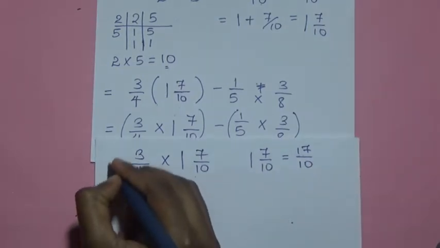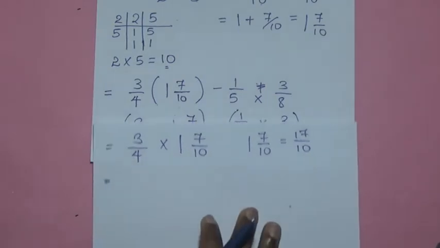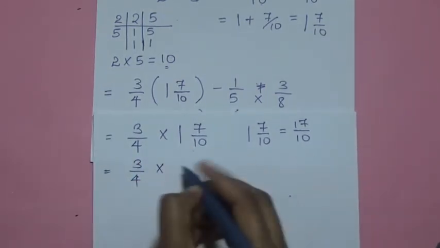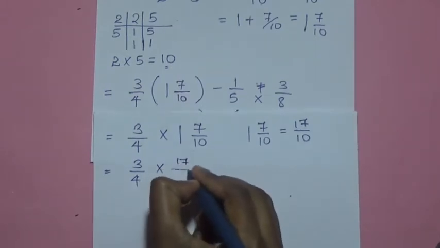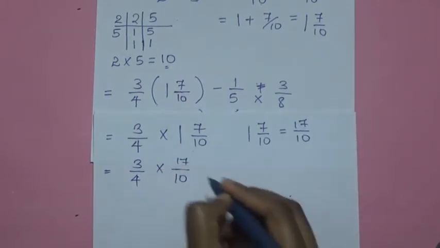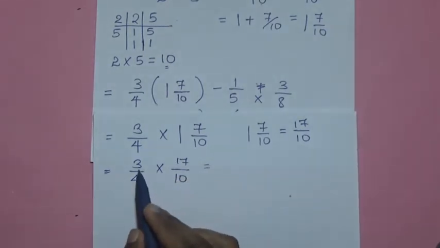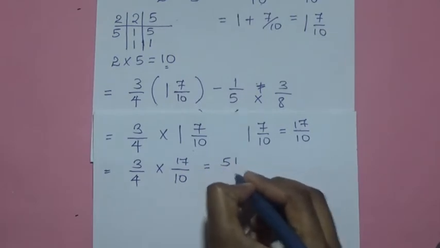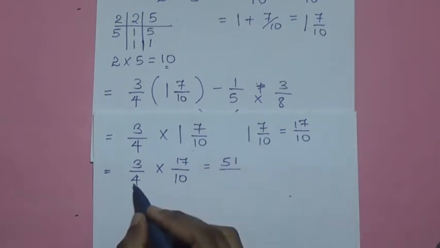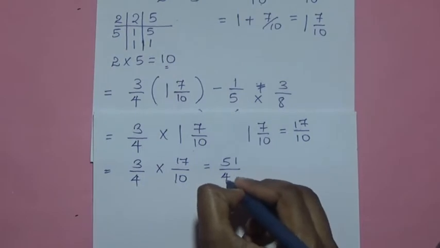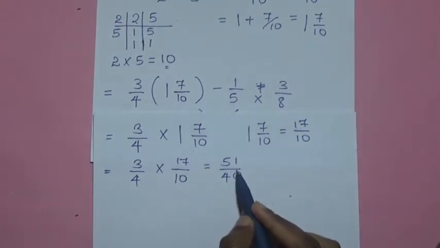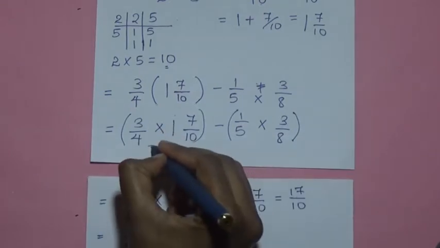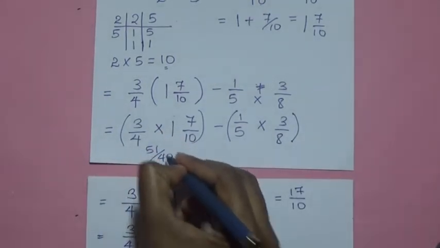So it will be 3 over 4 multiplied by 17 over 10. And then we work out this. 3 times 17 gives us 51, over 4 multiplied by 10 gives us 40. So we have 51 over 40.